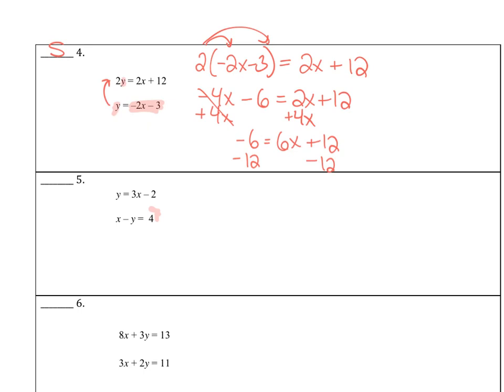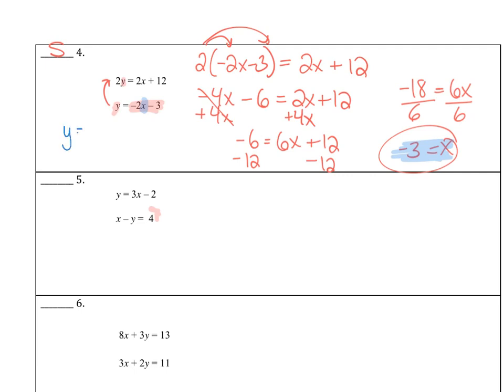I have negative 6 minus 12 is negative 18 equal to 6x. Divide both sides by 6. X is equal to negative 3. There's one of my answers. So take that answer for x and plug it back into either equation. In this case, I'm going to plug it back into the second equation for my x because I'll be able to find my y pretty easily from there.